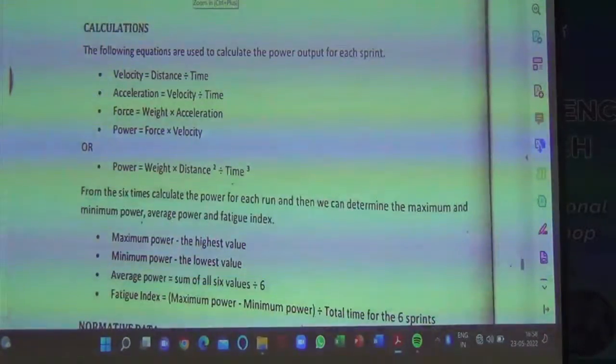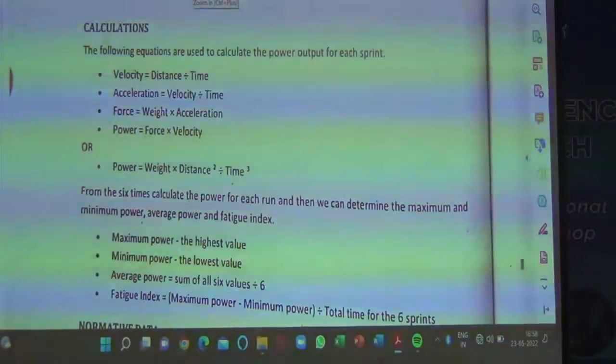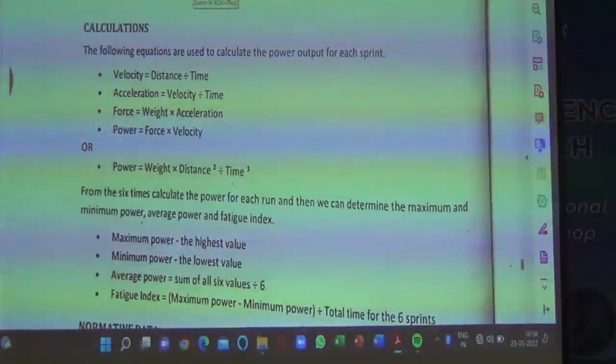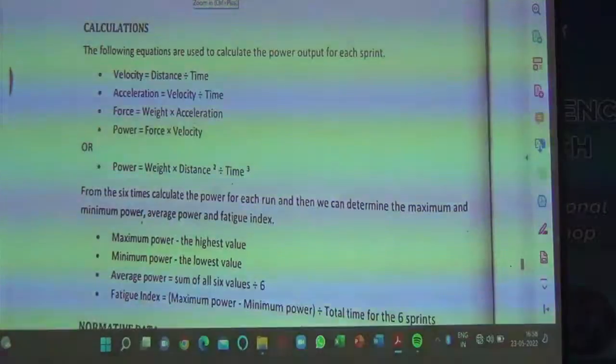Time cubed. It means total time cubed. That is the main formula, right? This is cube. Please have a look at it. This is distance squared. This is time cubed.